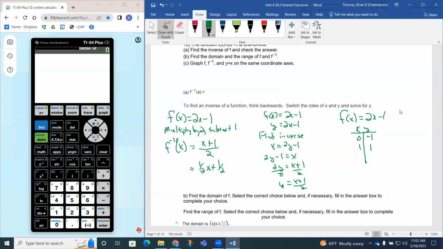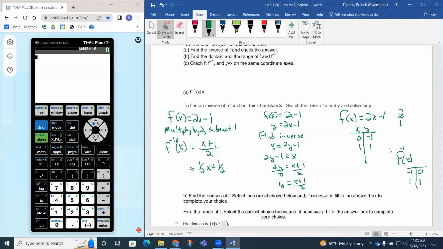So that's how your slope is: your y should change by 2 and your x should change by 1. So if those are 2 points on the function f, then the ordered pairs for the inverse should be -1, 0, and 1, 1 would also exist on that.